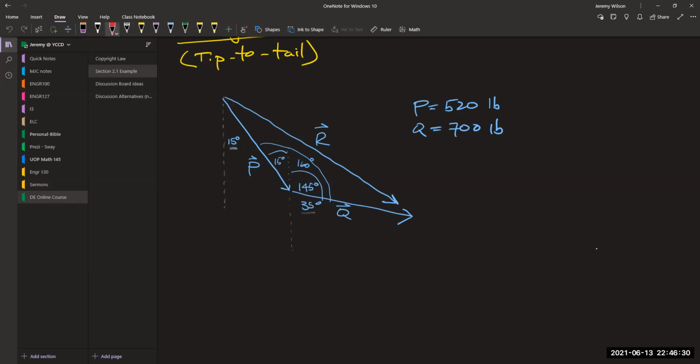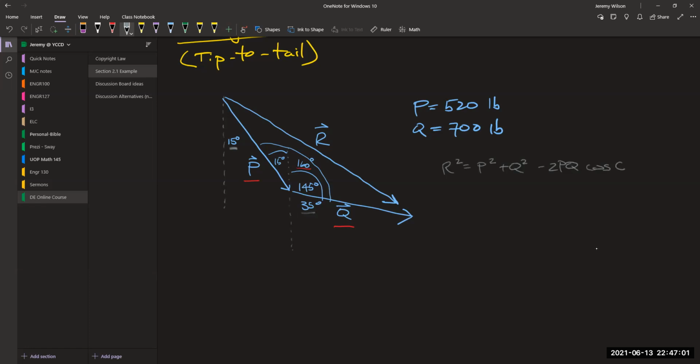We know what the value of P is. We know what the value of Q is. We know one angle inside the triangle. We don't know R. But if we write out the law of cosines, R squared is equal to P squared plus Q squared minus 2PQ cosine C.